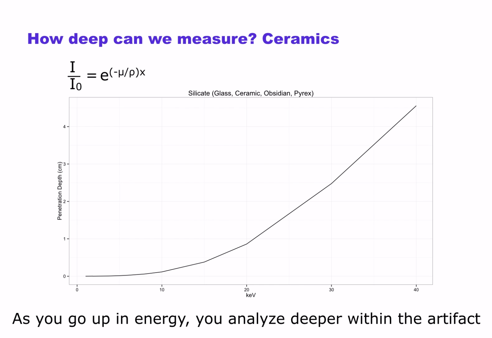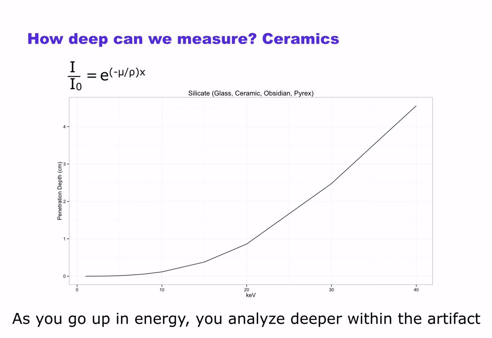Typically speaking, any rock or sand or soil sample you pick up is going to have a lower, though still roughly representative, measurement depth. We calculate this using the mass attenuation coefficient. If you look over, you'll see I over I0 equals e raised to negative mu over rho times x. I represents the energy of the photon coming back from your sample.